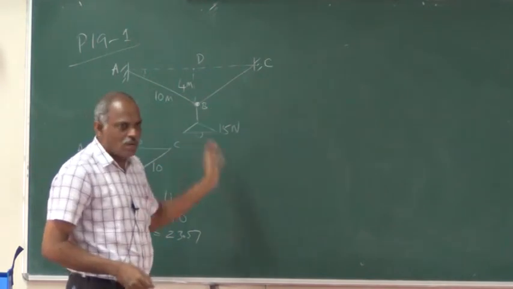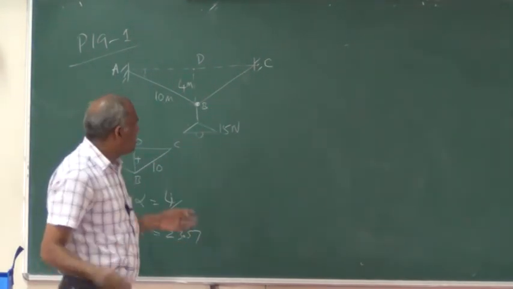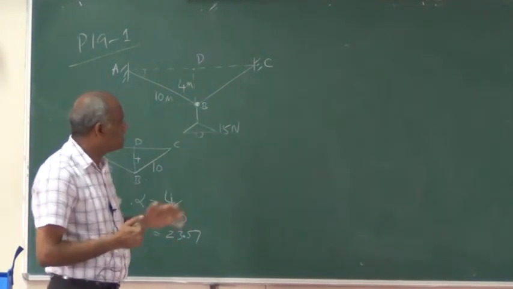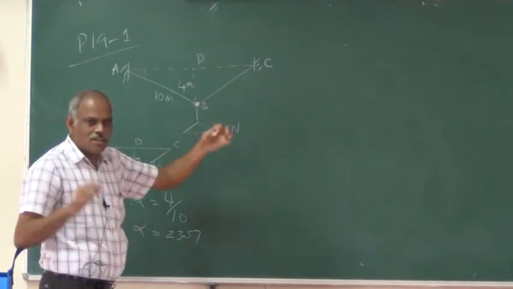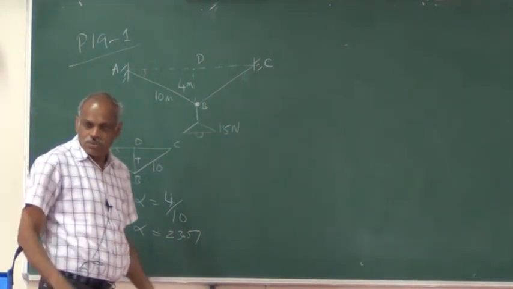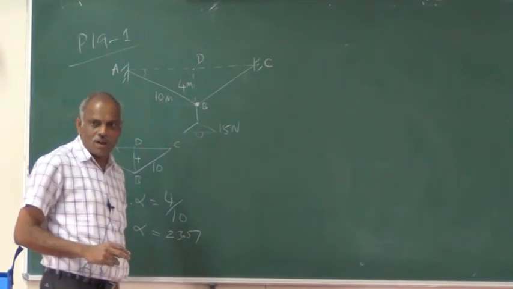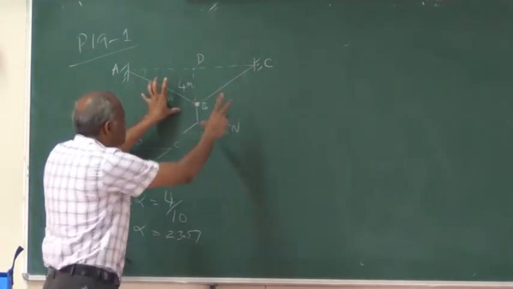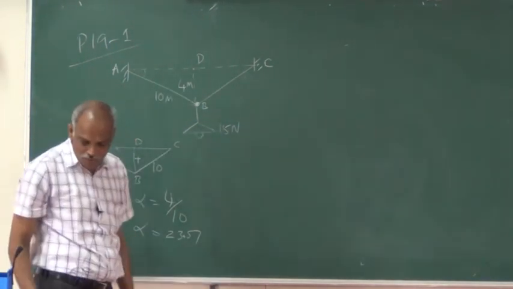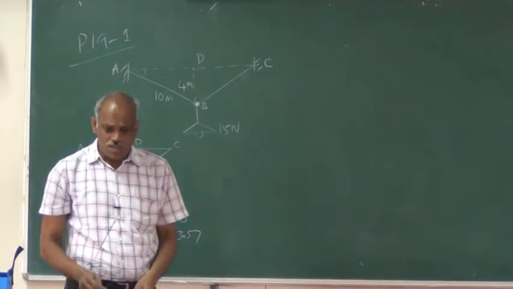Now the other part. If these two strings are there, in this problem we have taken that A and C are at the same level, so that it will occupy the middle, and the lengths of the two segments of the rope are equal. Suppose it is not.